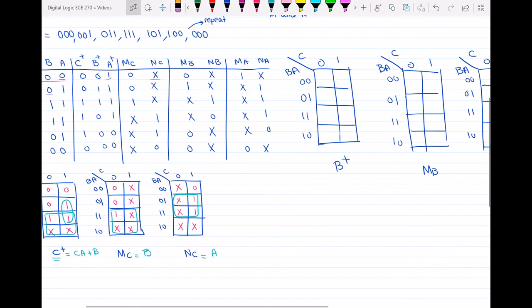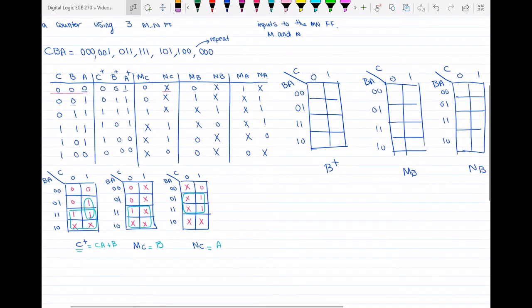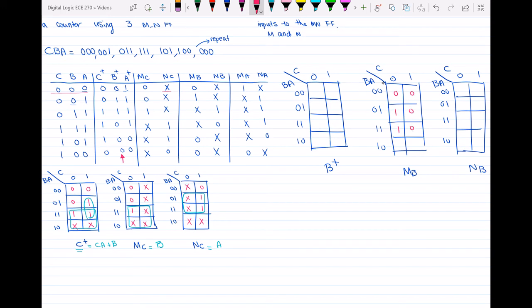Okay, so what I have to look at is CBA, the present states. And for example, for the first Karnaugh map, which I want to find B plus, I have to look at this column, right? So for 0, 0, 0, we have 0. For 0, 0, 1, we have 1, 1, 0, 0, 0, X. Oops, actually I was wrong here.